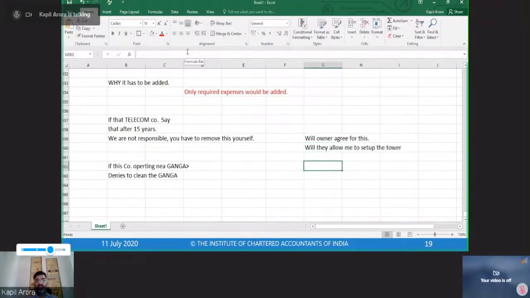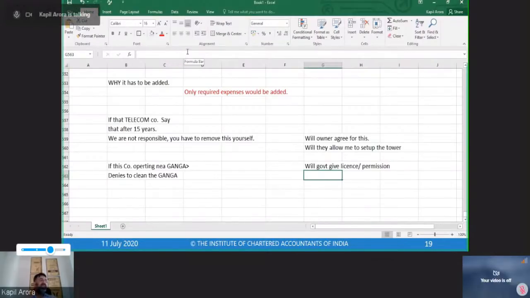And if the company says no, that we will not clean Ganga, will the government give license or permission?